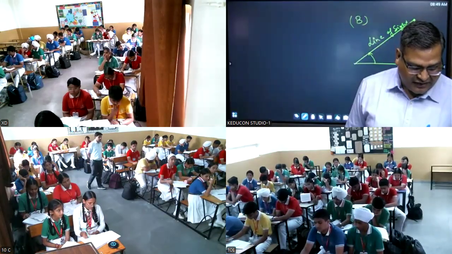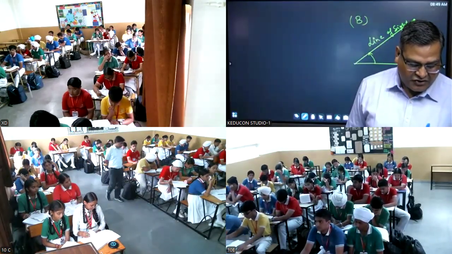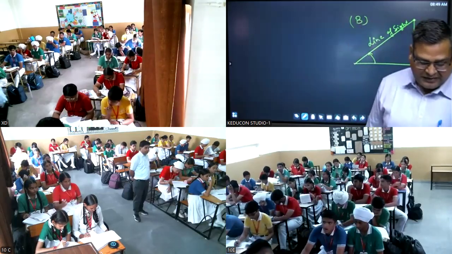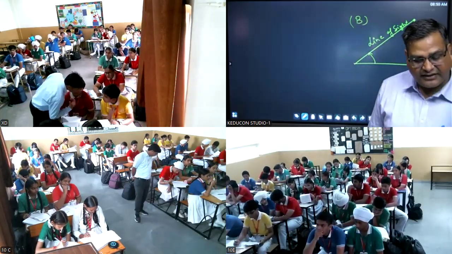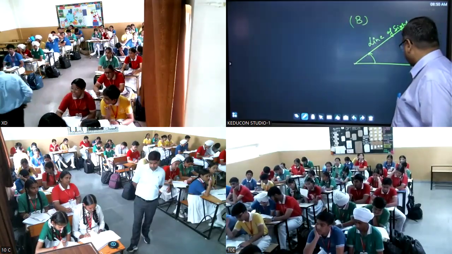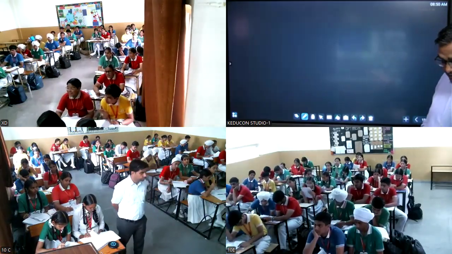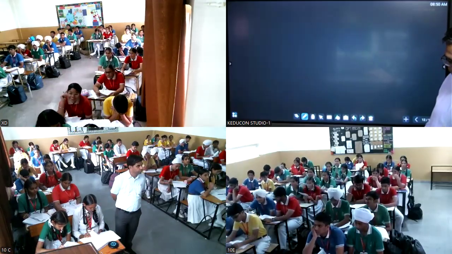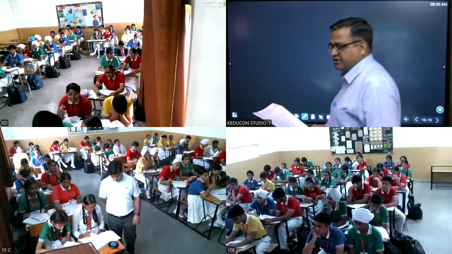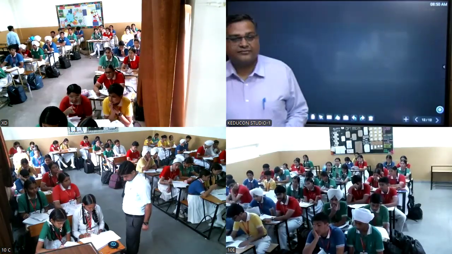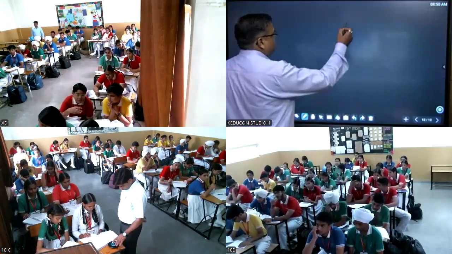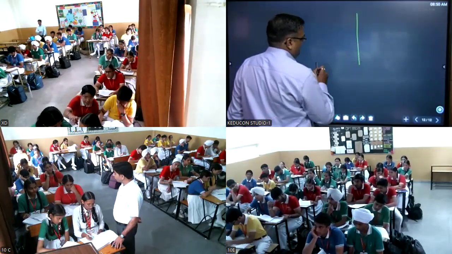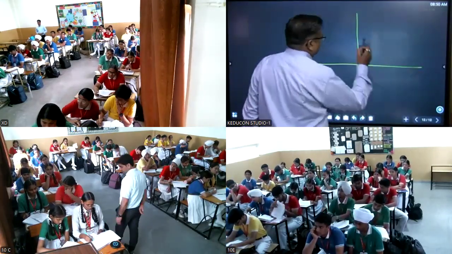A military fighter plane is flying at an altitude of 600 meters with a speed of 200 kilometers per hour. Let us draw the diagram. What is the meaning of altitude, children? Height. The plane is flying at an altitude, meaning a height, of 600 meters.